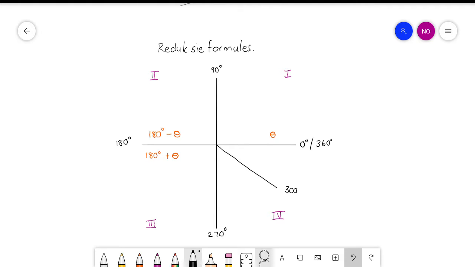Okay. It's going to take you some time, but soon you will know all of those off by heart.